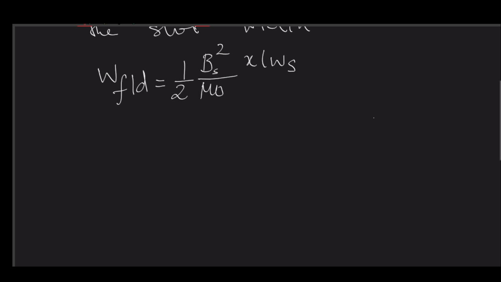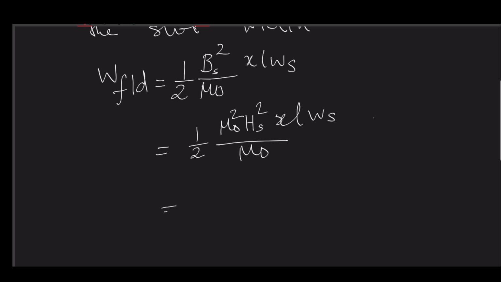For this one, if you replace this B by mu H, B is equal to mu H, then you will have mu naught square H square here, or H square times L WS by mu naught.